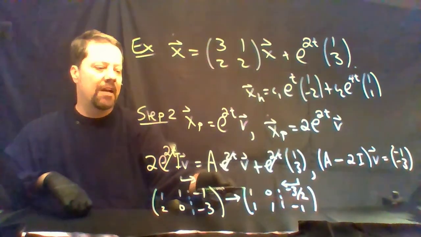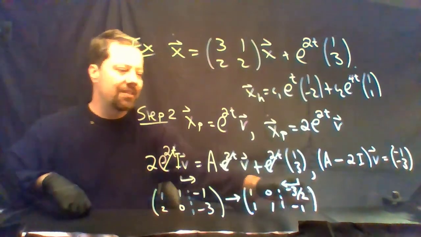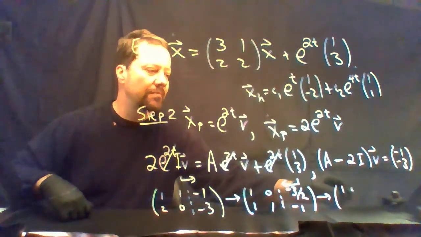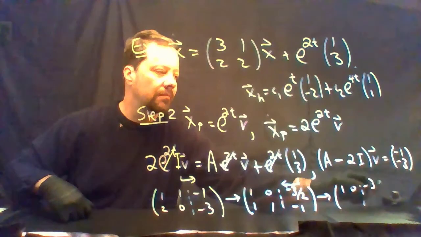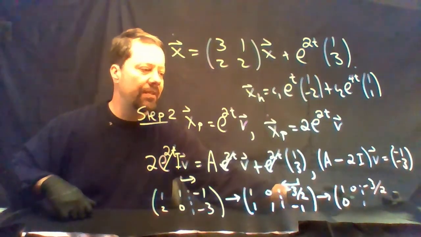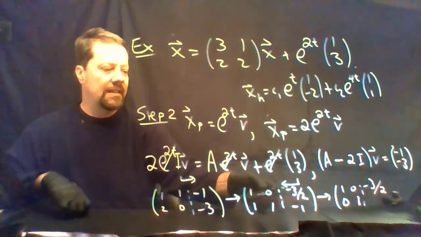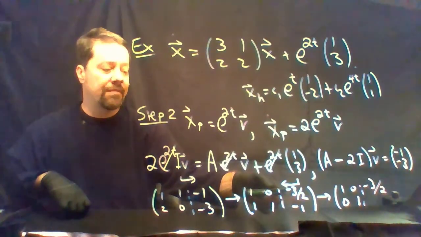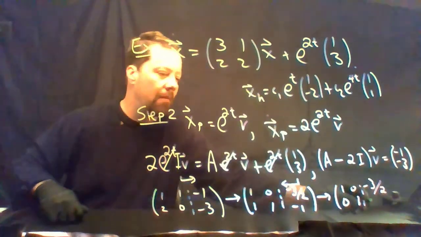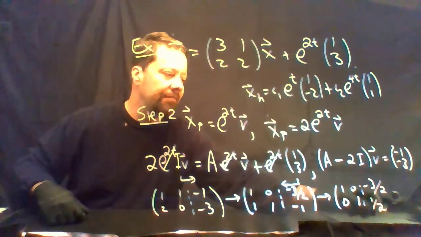Multiplying the first row now by negative 1 and adding to the second row, we'll have 0, 1. Negative 1 times 3 halves is positive 3 halves, minus 1 is 1 half.